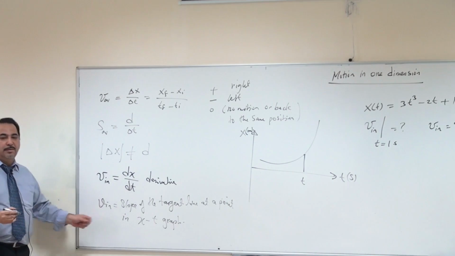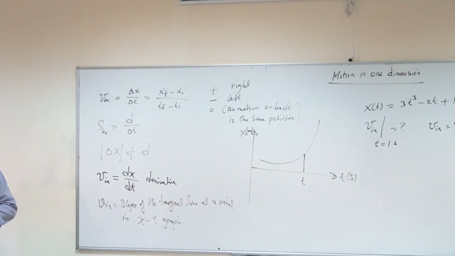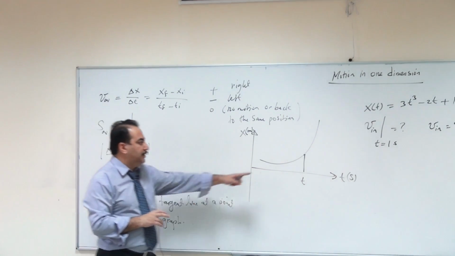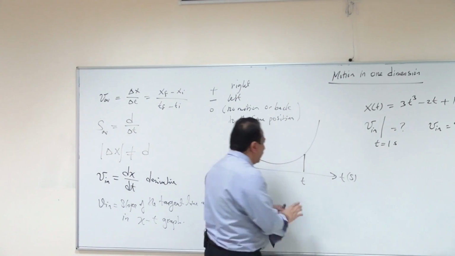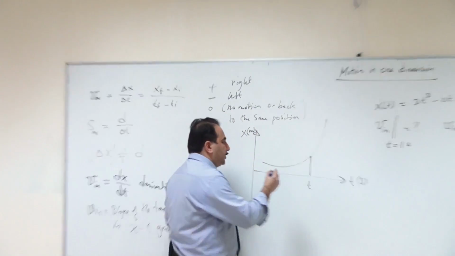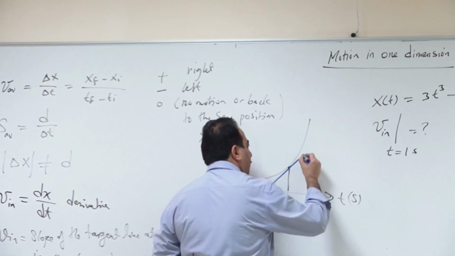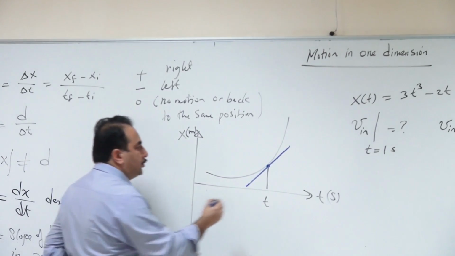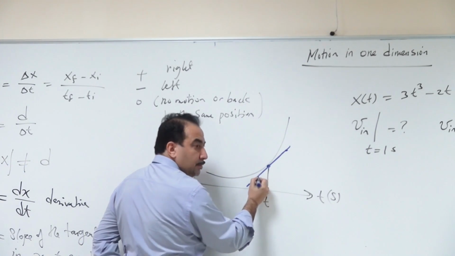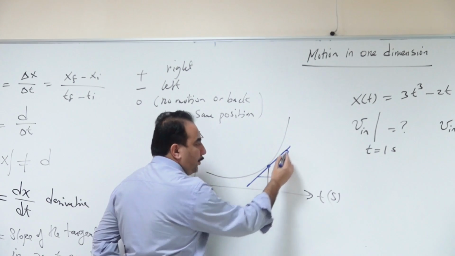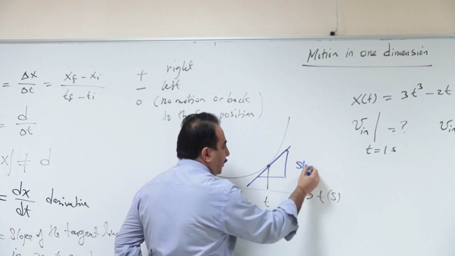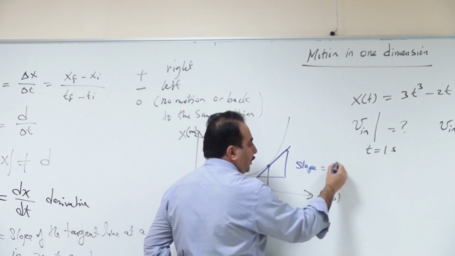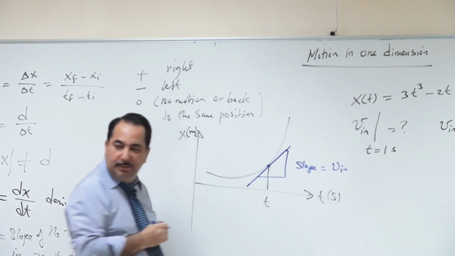So this is the second method of finding instantaneous velocity. Here, as an example, on this point, you just draw a tangent. And then once you draw the tangent, choose 2 points on the tangent and find the slope. The slope equals the instantaneous velocity.